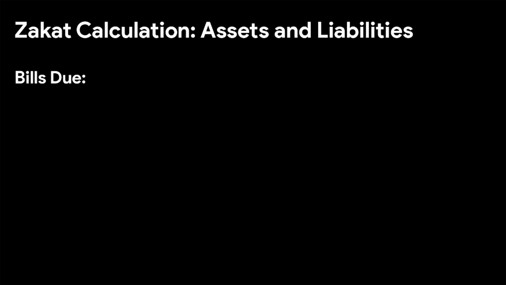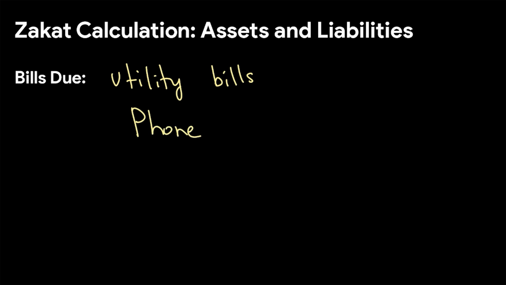The next category is bills due. Again, necessary payments such as utility bills. So if you have electricity, water, gas, whatever utility bills, you can deduct this when you're calculating zakat. Phone bills, any other outstanding payments for services already used.